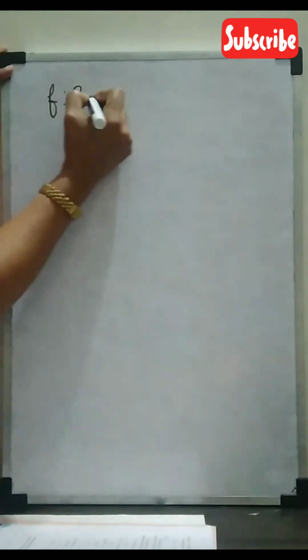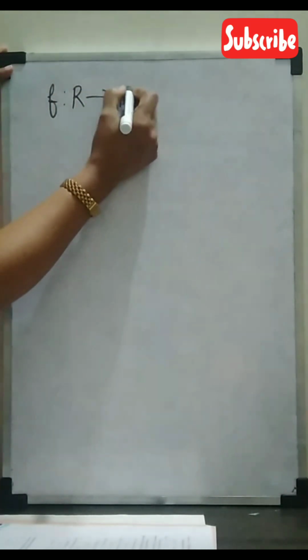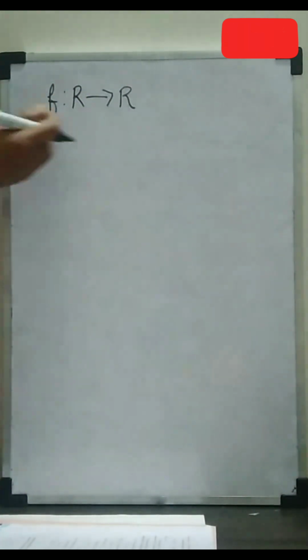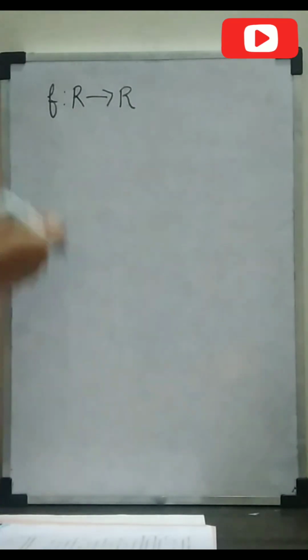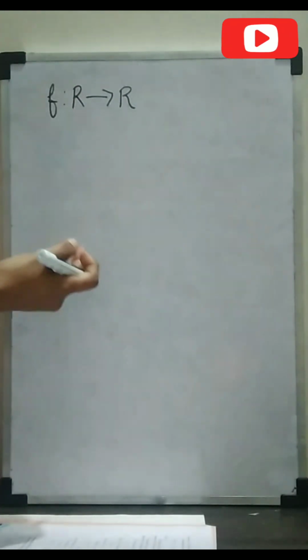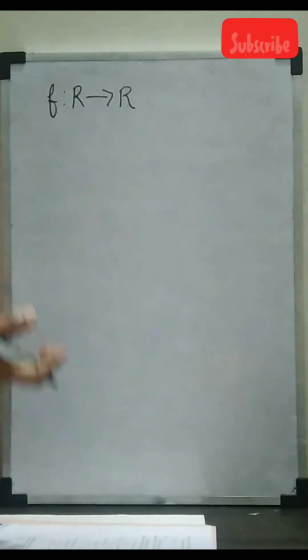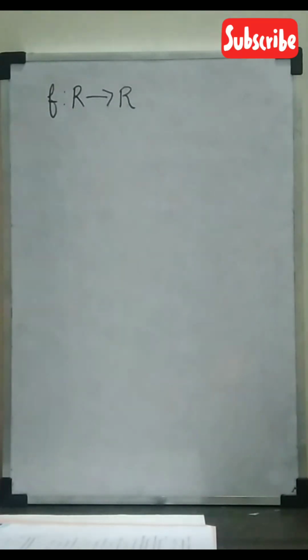They have given a function f from R to R. That is real numbers. Real numbers na நம்மளுக்கு தெரியும் negative integers, positive integers, zero, fractions எல்லாம் சேர்ந்துதா real numbers வரும் இல்லையா?